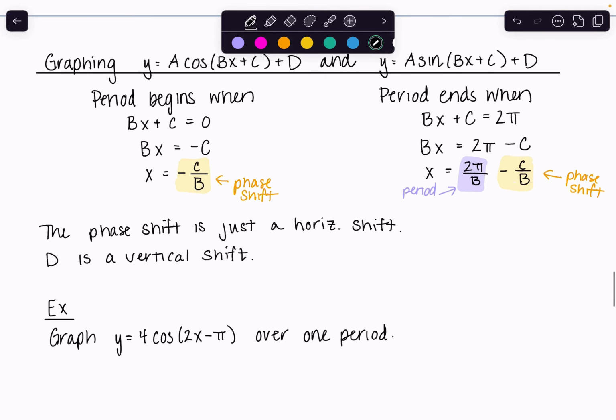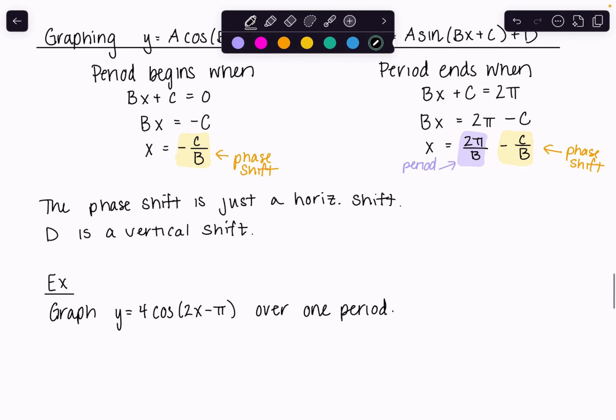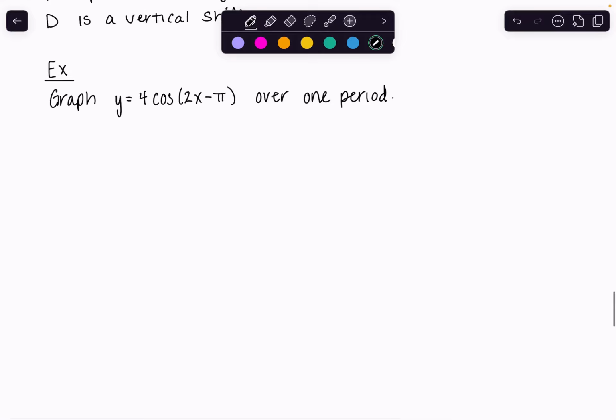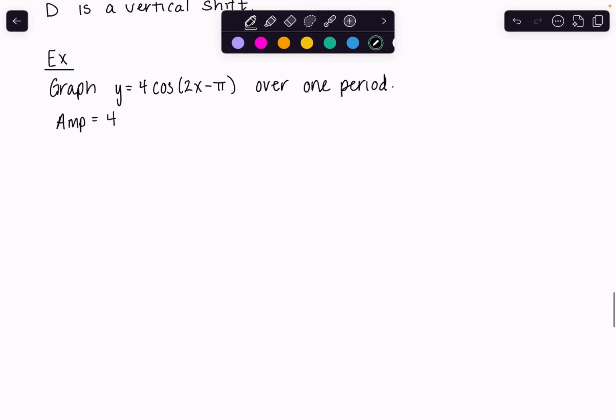So let's go ahead and graph y equals 4 cosine of 2x minus pi over 1 period. So we'll identify all the different things again within here. Your amplitude in this case is 4, so we'll be tracked between -4 and +4.